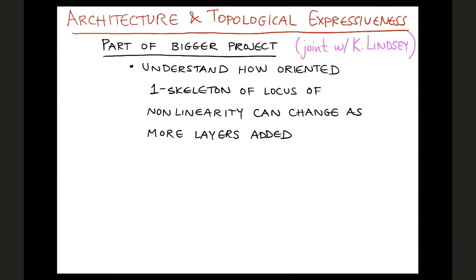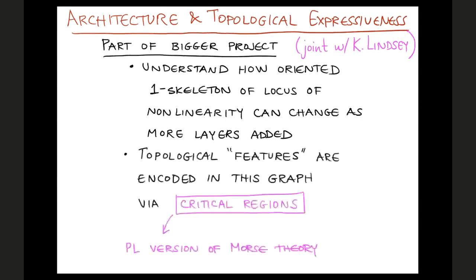Okay, so again, this is all part of a bigger project to understand how this oriented one skeleton of the locus of nonlinearity can change as more layers are added, and to really understand how the topological features are encoded in this graph via these critical regions. And the reason why one might hope that you can do this is because this really is looking like a PL version of Morse theory.